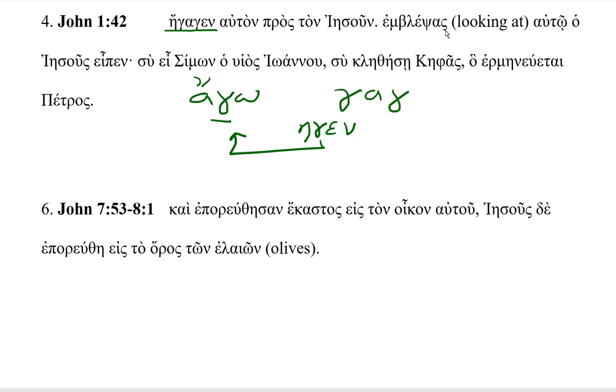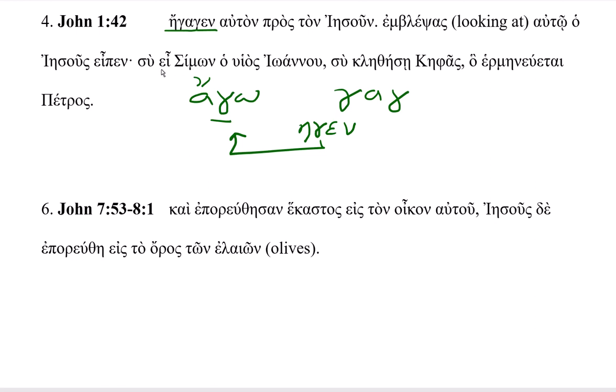Emblepsas, this is a participle, and here it just means looking at. And so looking at him, autō, looking at him or looking to him, ho Iesous eipen, Jesus said. This is a nice aorist of lego, eipen, third singular. So Jesus said, and here's the quote, Su ei Simon, you are Simon.